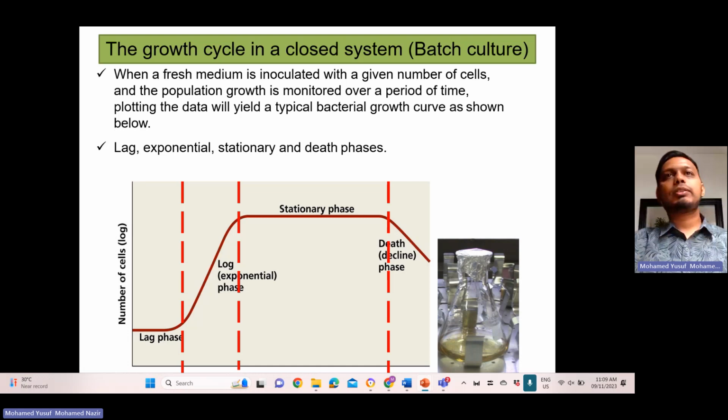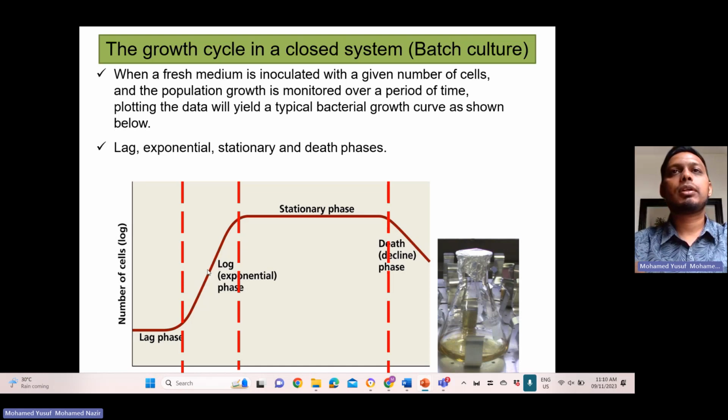Okay, so these are the common growth cycle in a batch culture or in a closed system of prokaryotic cells. Normally when the prokaryotic cells meet all the necessary conditions, all the physical, chemical, and other requirements that allow the cell to grow, we'll have this type of curve that represents the population growth or the growth of the microbes.